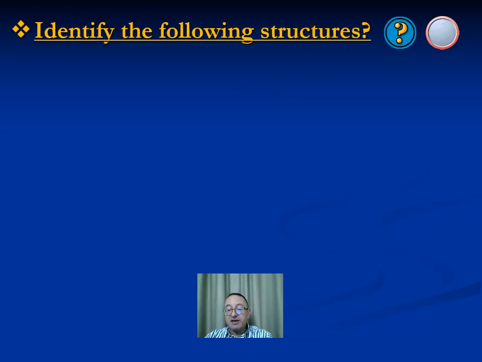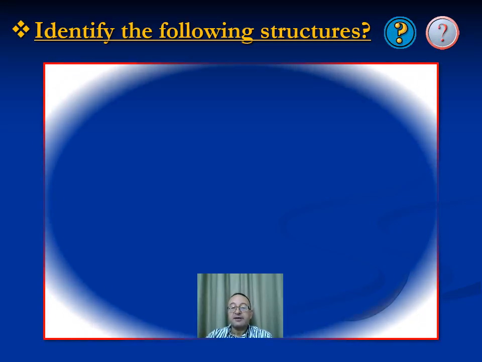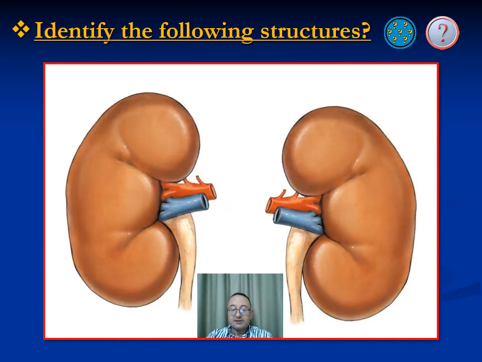Now, before leaving all that is related to the anterior surface of the kidney, we want to practice this question. These are the kidneys, unlabeled, and follow me now. When you see the arrow, you have to identify what is the area related to it. Identify.